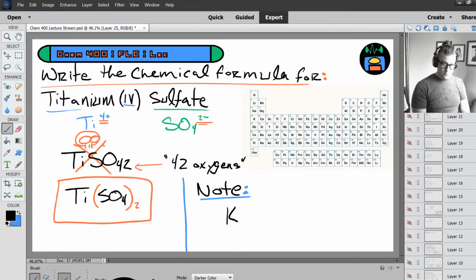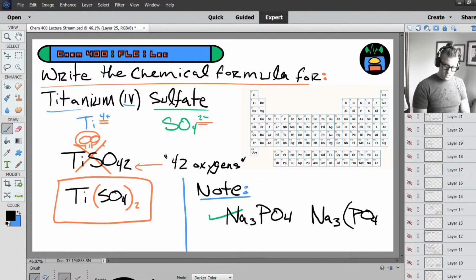The previous example, where we did sodium phosphate, this is correct. This is incorrect.